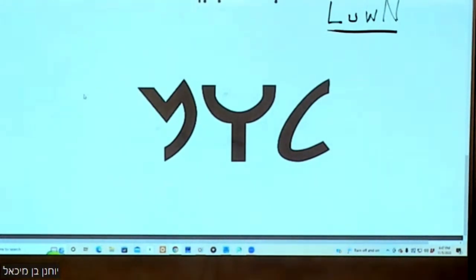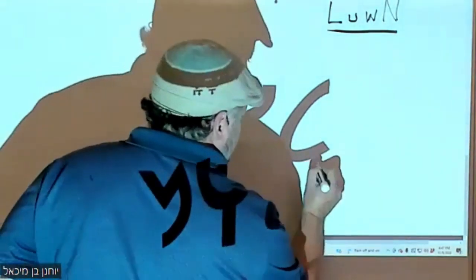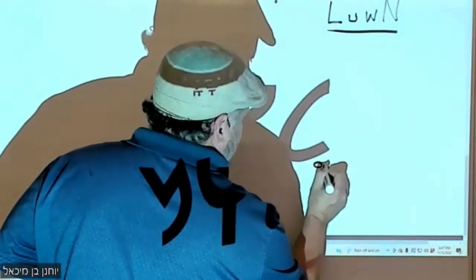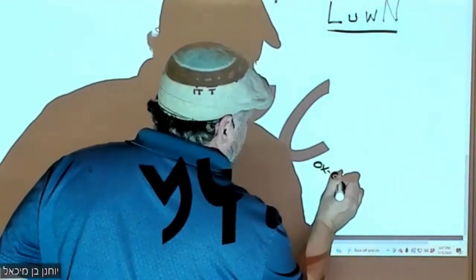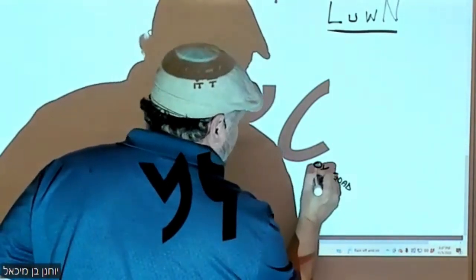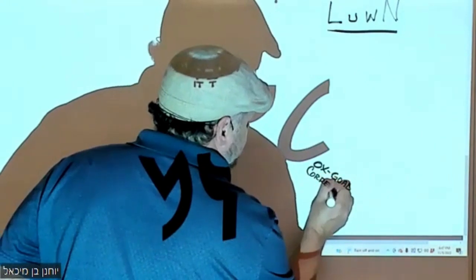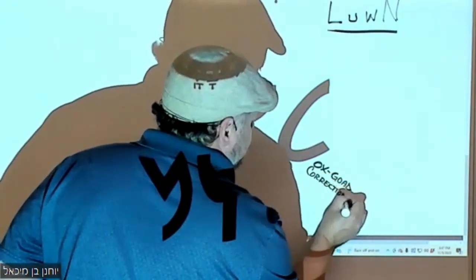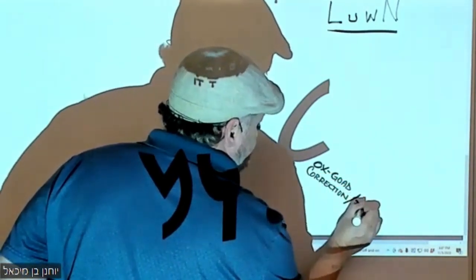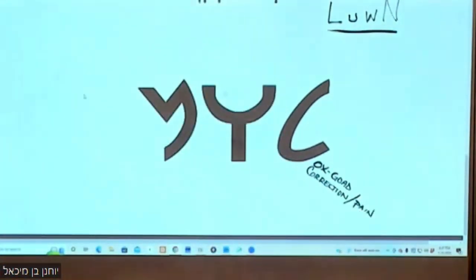They're negative. So let's stick with the negative. So if it's a negative, what is it? It's the ox goad, right? And what is an ox goad? It's a nasty, painful stick, right? It's used for correction. So the concept of correction and pain are hidden in this letter.